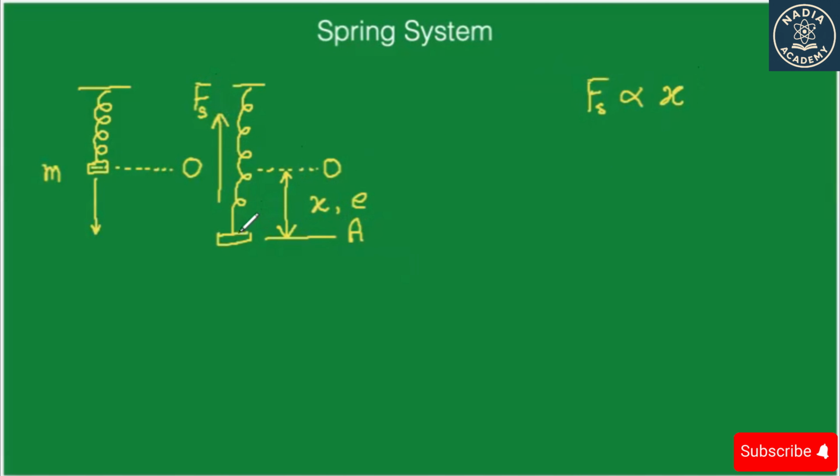Now, if, for example, we release this, the spring will move upward under the action of this spring force. And of course, this spring force is completely opposing your applied force. So this spring force is equal to your applied force. So now this spring will be moving backwards. Once it is at its mean position, it will continue its motion because of inertia.